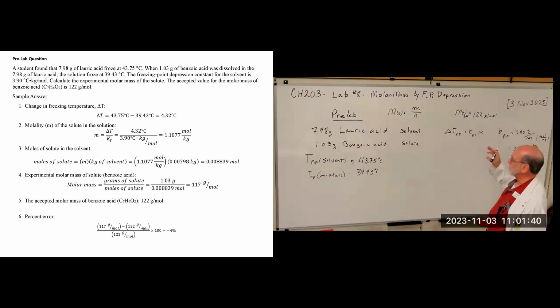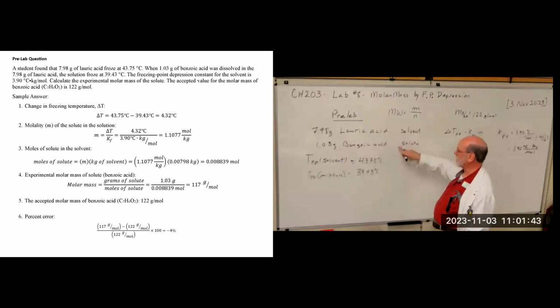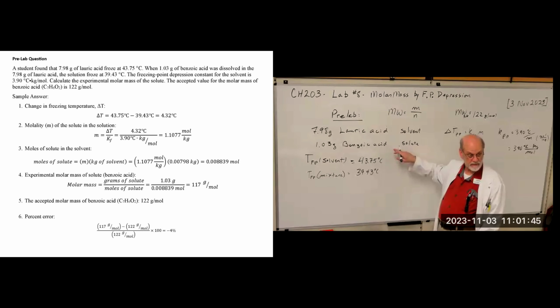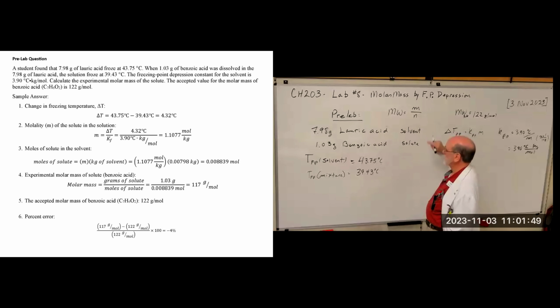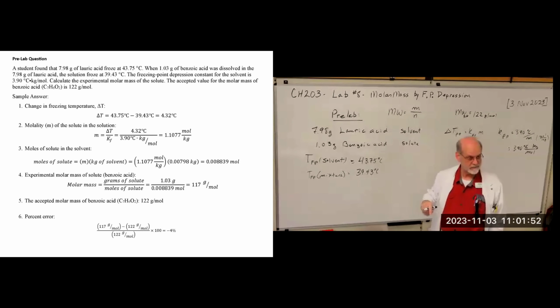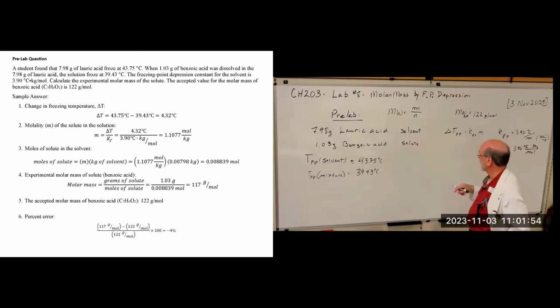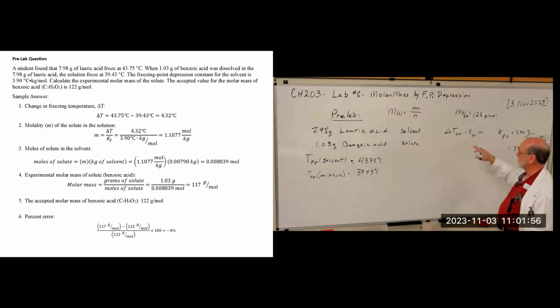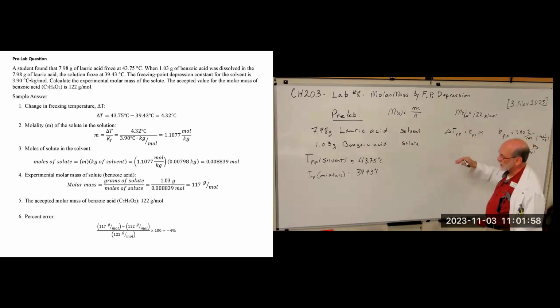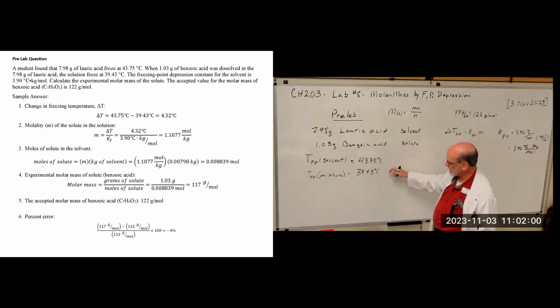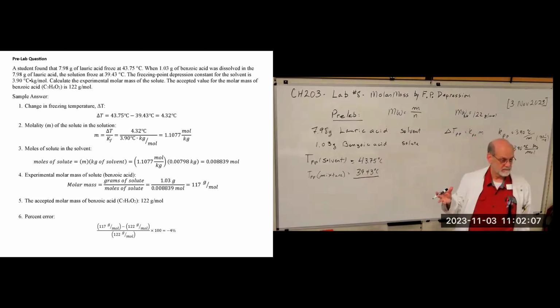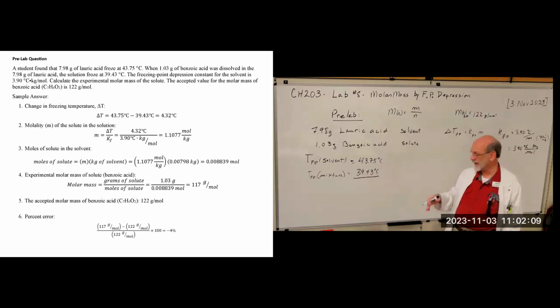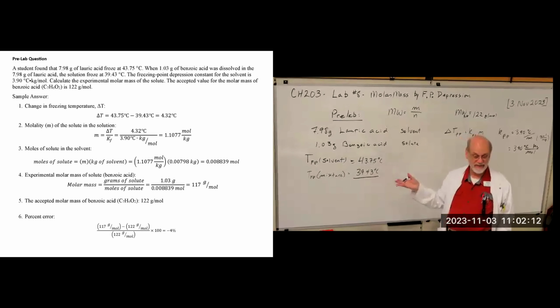So, do we have the mass of our solute? Because that's what we're after, the benzoic acid. Yeah, we do. 1.03 grams. We just need how many moles? Right? So if we use the freezing point depression, the change in freezing point, we need the difference between these two values. Right? And it's an absolute value. It's not going to be negative.